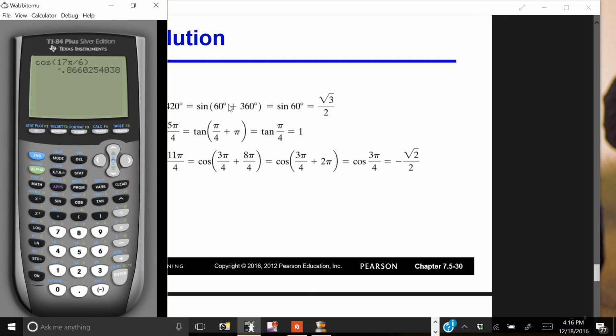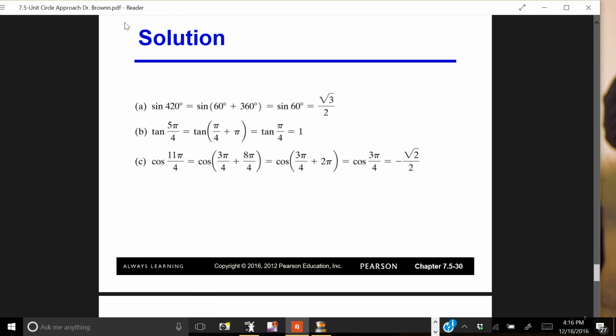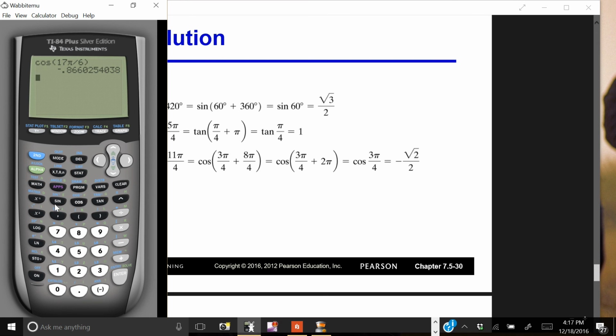I'm going to show you that if we calculate sine of 420, it will calculate the value correctly. We get 0.866, which is the square root of 3 over 2.